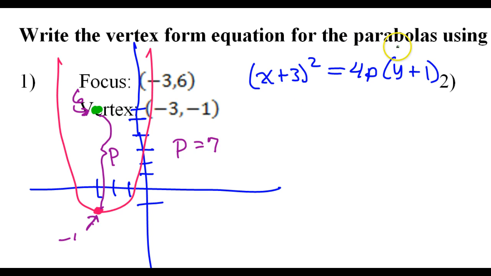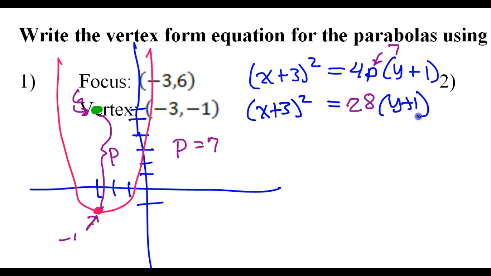If I take that 7 and plug it in, 4 times 7 is 28. And it's upward facing, so I can leave it positive. That gives me the final answer of x plus 3 squared is equal to 28 times y plus 1. So this would be the vertex form equation.